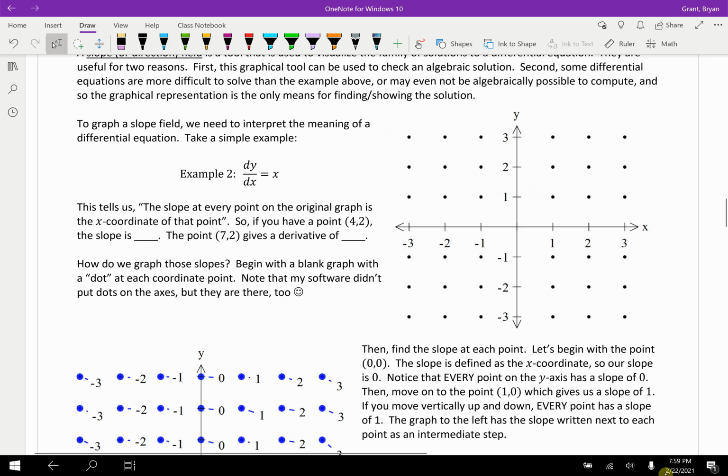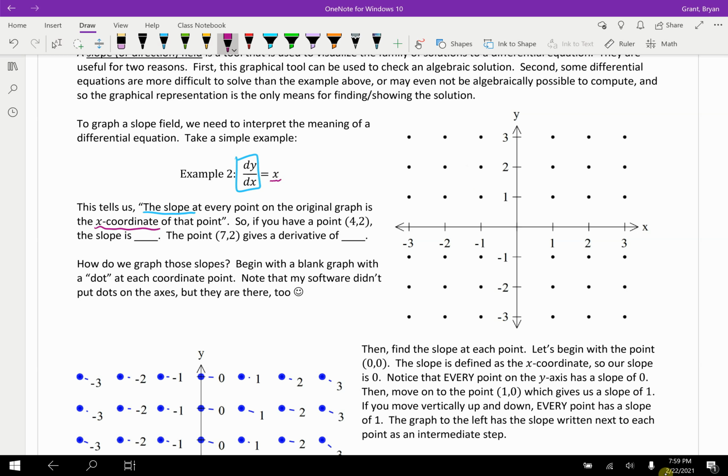So let's look at a new example. dy/dx equals x. Although one way you could interpret this is that the rate of change of y over x is the expression x, we could also think of this in terms of every individual point on a coordinate plane. We could think of dy/dx, the slope at every point on the original graph, as the x coordinate of that point.